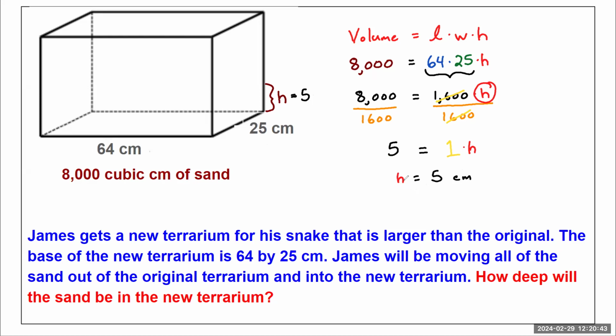The way we're going to check our work here, we're going to go back to our original volume formula. Volume is equal to length times width times height. We're going to replace our variable of h with 5 and see what that product is going to be. So everything's still color-coded. Length of 64 times our width of 25 centimeters times our height of 5.